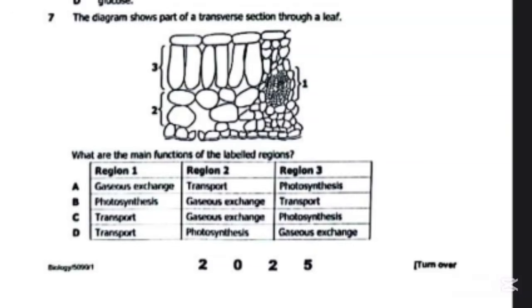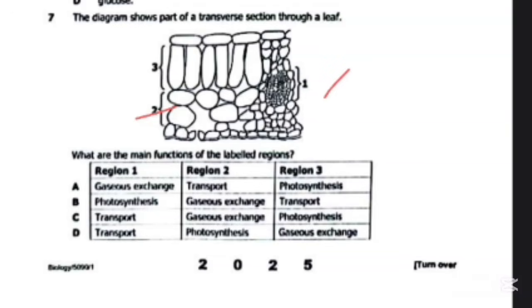We have 1 here, 2 here, 3 here. The first step, as I have always told you, is to label the diagram. So make sure you know some of the diagrams in your book. They are simple to know. Once you label them, the question will be simple.